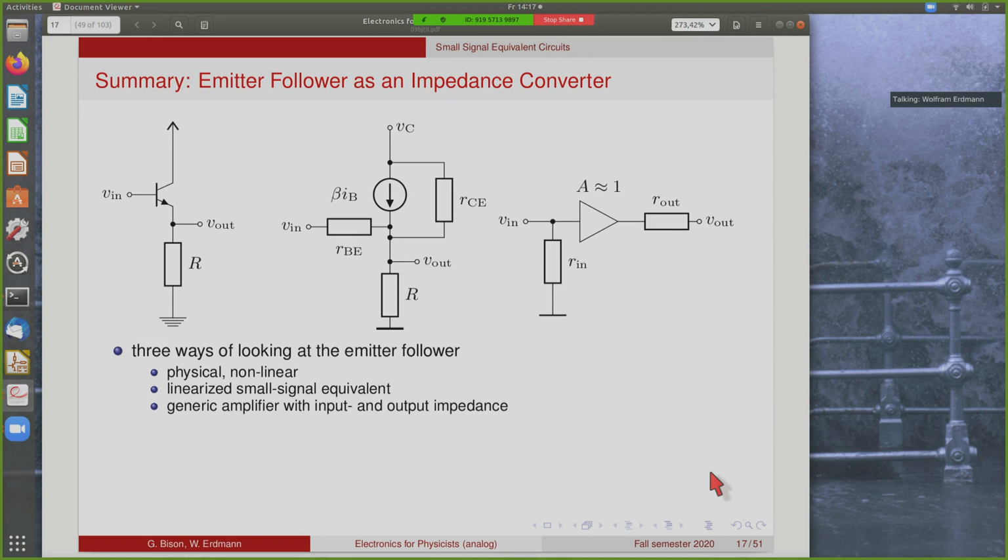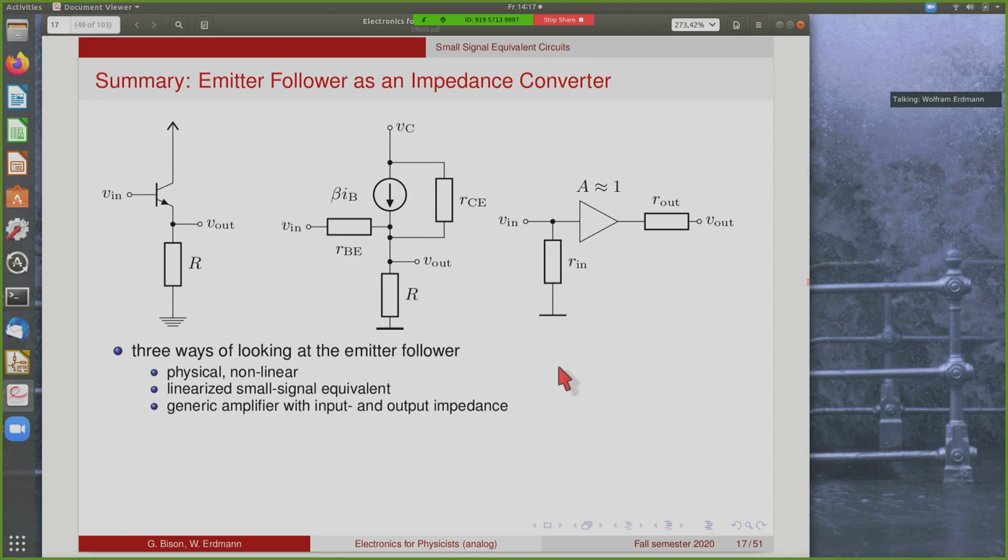Let me summarize here again the 3 ways of looking at this. The first one on the left-hand side here is the actual physical circuit, which has all the nonlinear properties of the transistor. Now this we replaced by a linearized version that we can use around a working point, which is our small signal equivalent circuit.